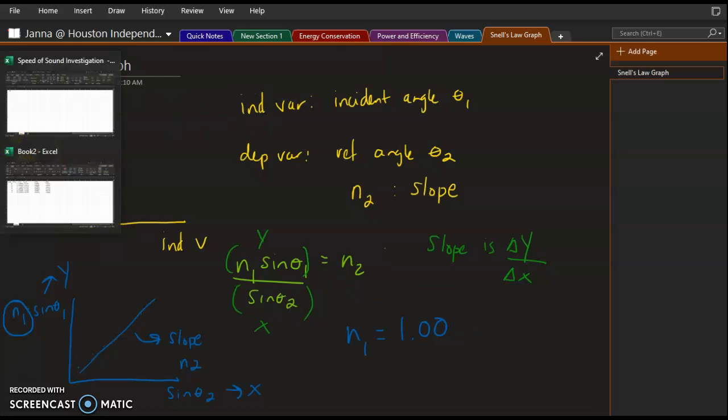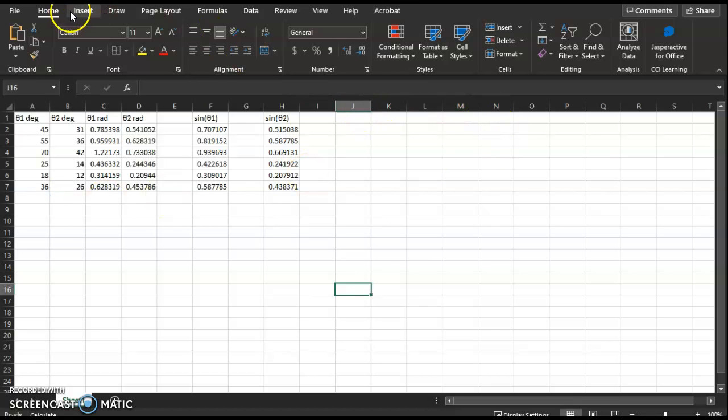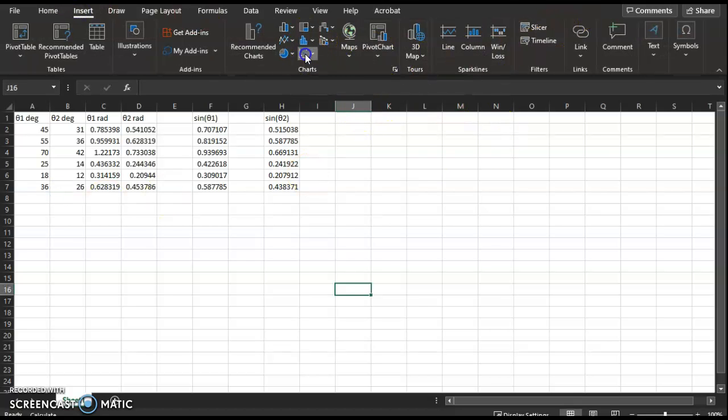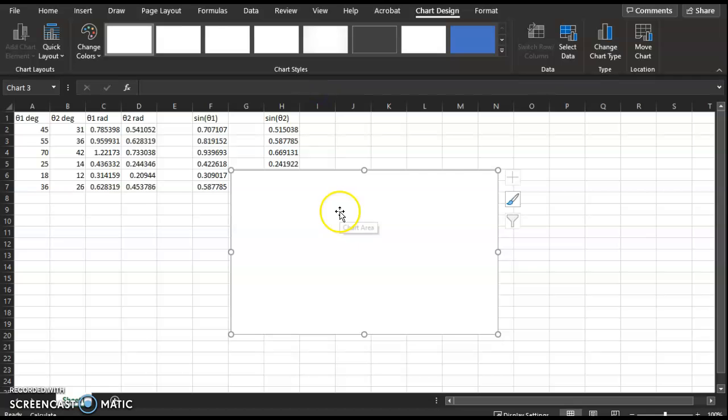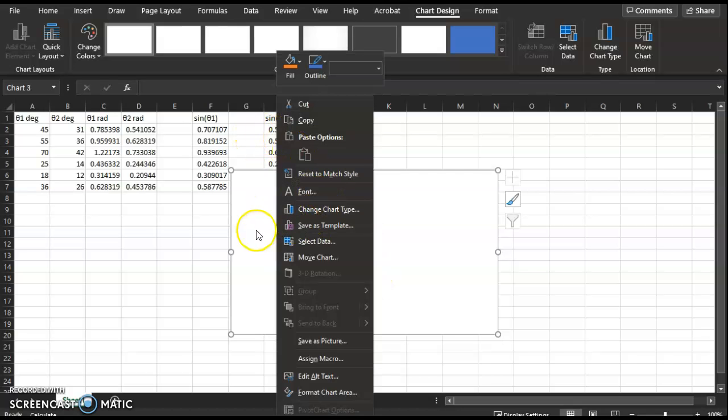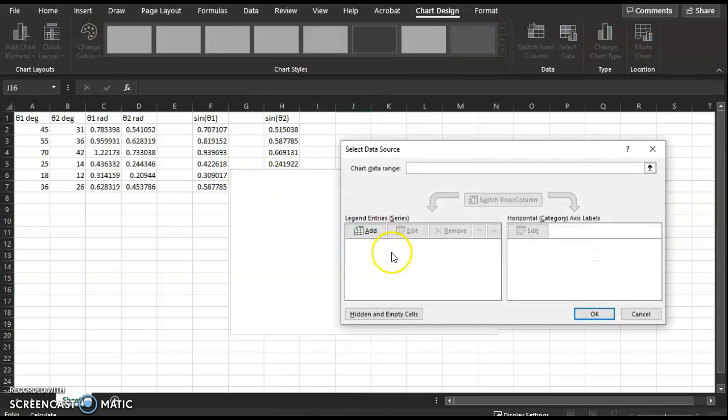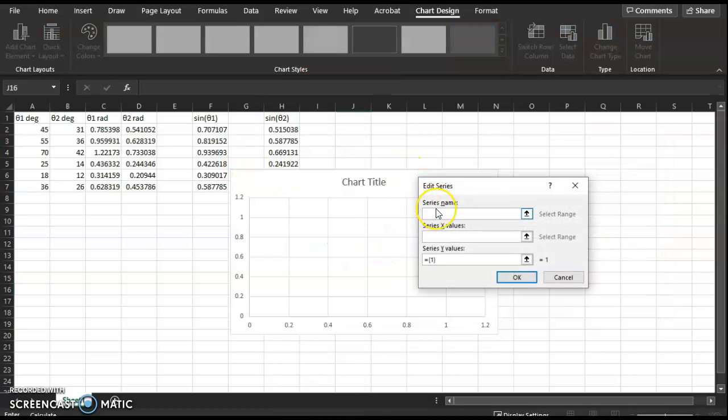So we'll go into Excel and go to Insert, Charts, Scatter Chart. Hopefully it comes out blank. If it doesn't, just right-click, select Data, make sure you clear all the entries, go to Add, Series Name. This will be Unknown Index of Refraction. We'll just call it after the purpose of the lab.